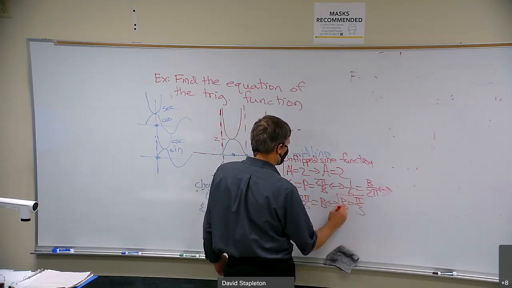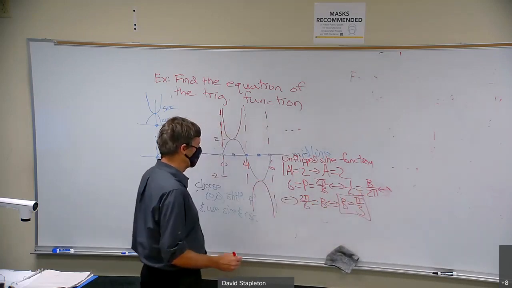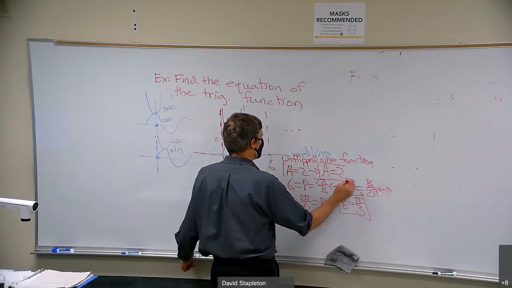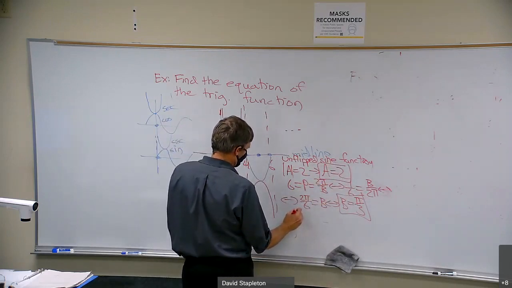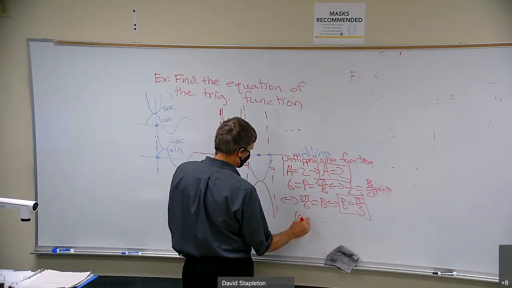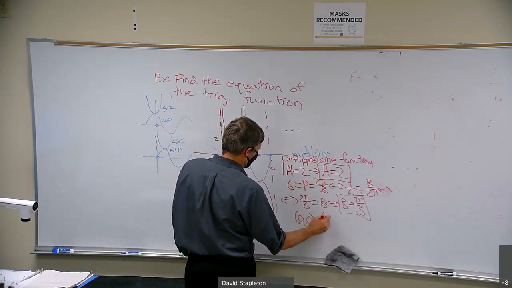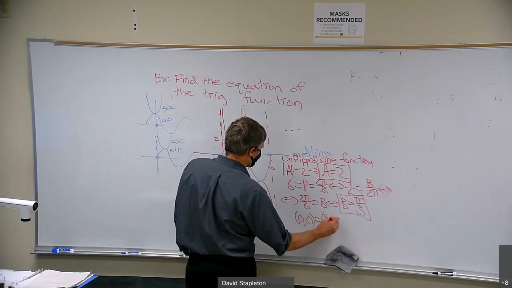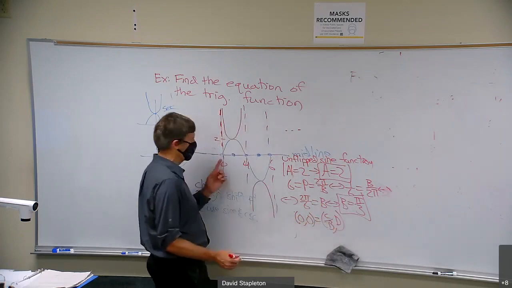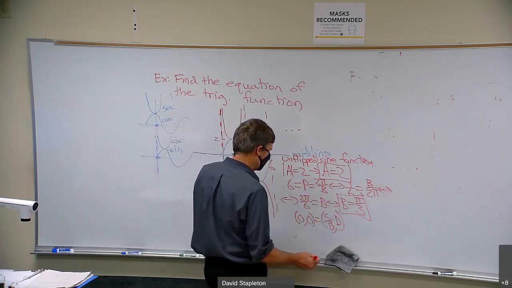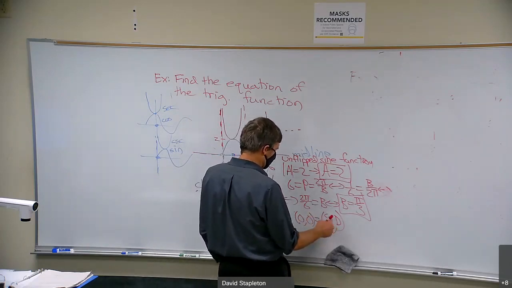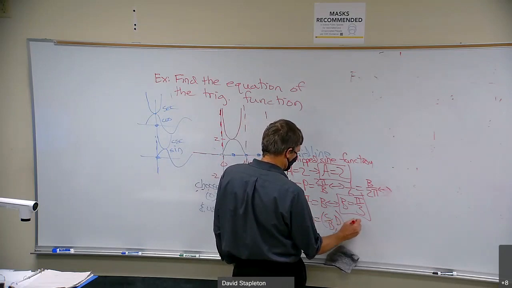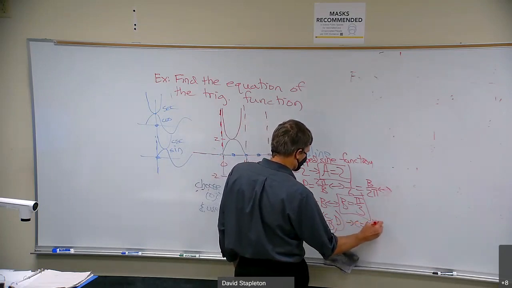So there's B. You get B from the period, A from the amplitude. And there's no shift. So shift point 0, 0. See how much easier we made it by picking the shift point 0 when we can. Now it tells me immediately C is 0, so that C over B is 0, and D is 0. So definitely C equals 0, D equals 0.